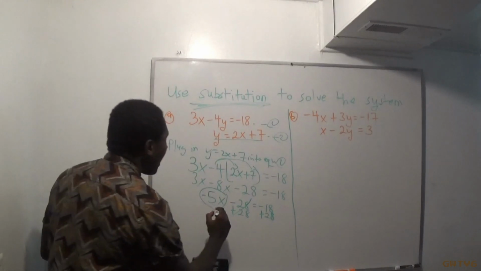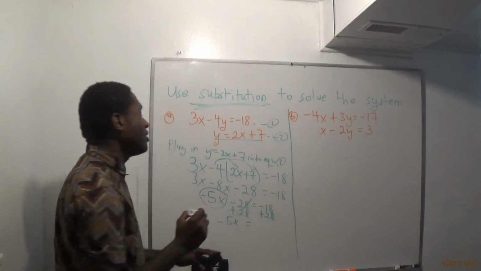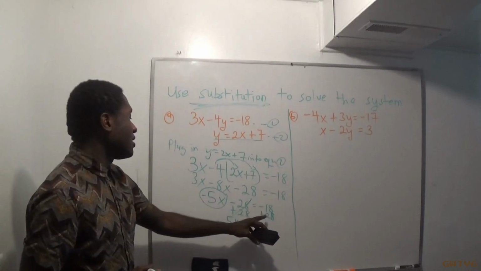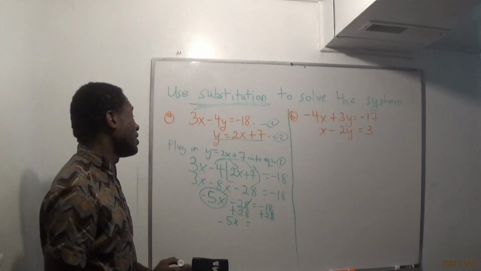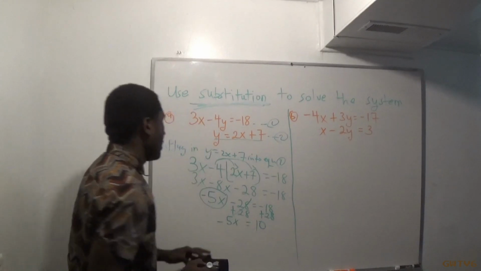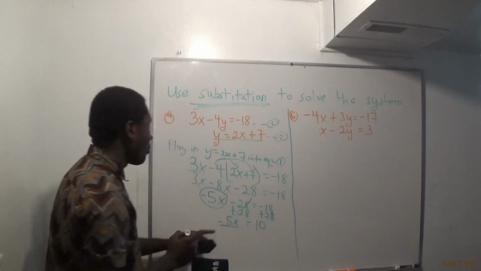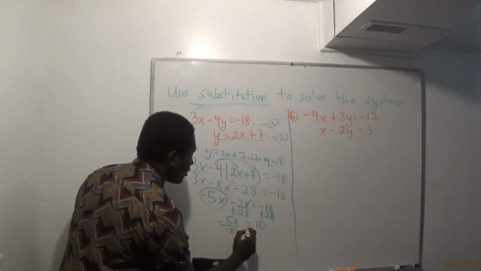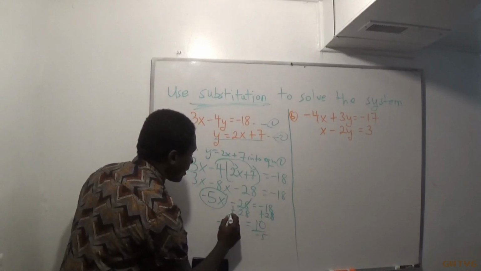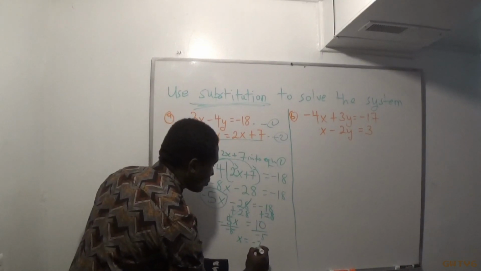And now I have my negative 5x by itself equals negative 18 plus 28, which is 10. And to get the x by itself, I have to divide by the number with the variable x, which is negative 5. I do the same thing on the other side. Negative 5 cancels, so I have my x equals negative 2.